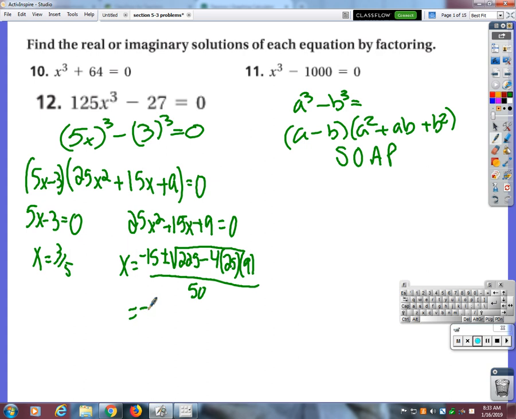Okay, so then this underneath here works out to be negative 675, which then you have to break down. That works out to be 15 times the square root of 3. We have to have an i in there because it's negative.